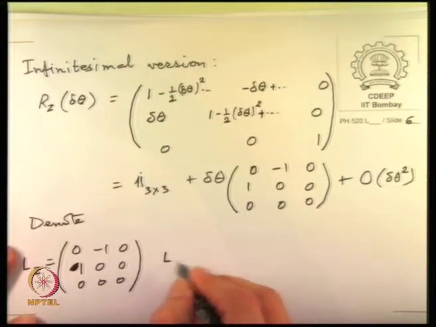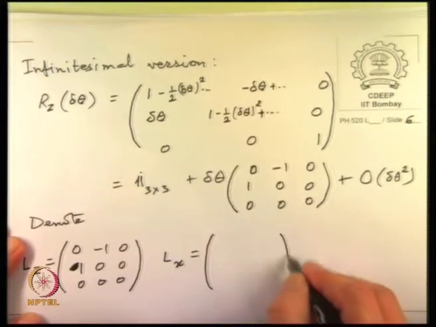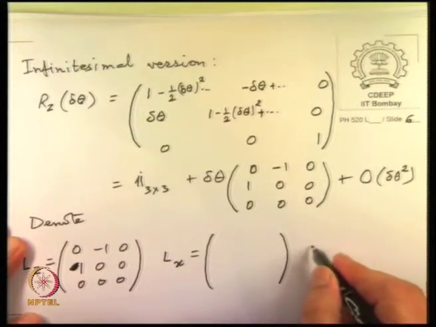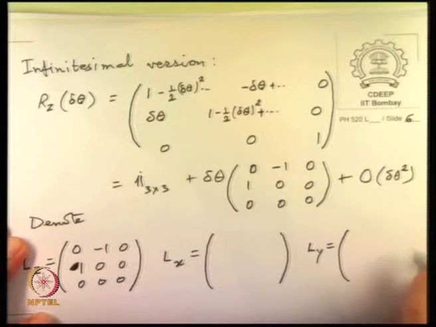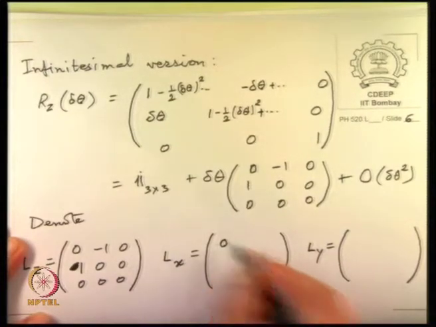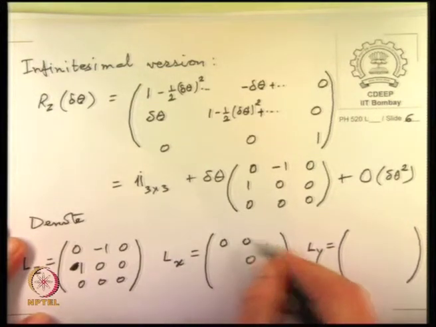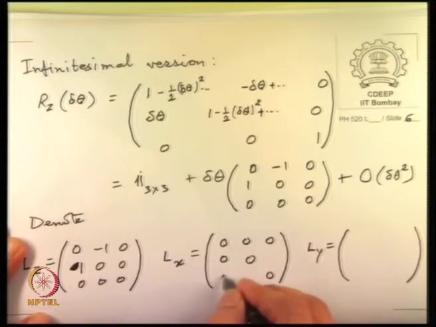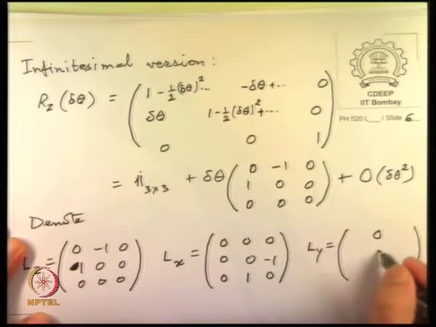And we can also write out Lx and Ly. So, you can try to write it in your book. It is x rotation, then all this will be 0. It should have same sign as Lz, and Ly will have zeros here.